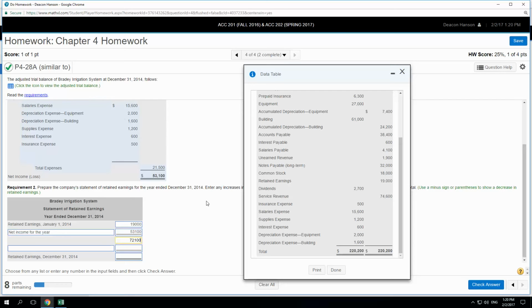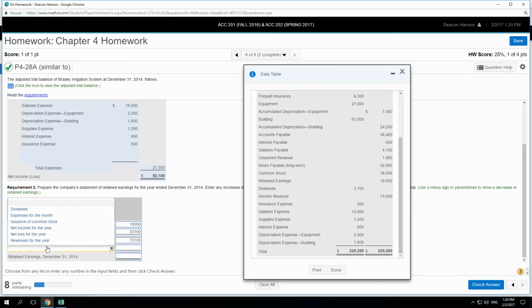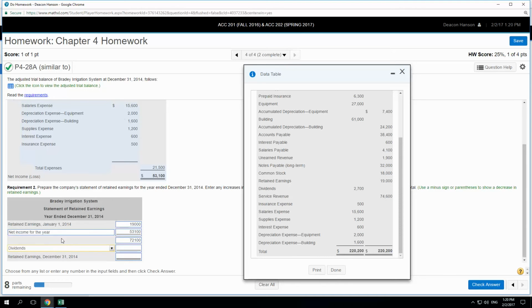And then what do I do next? Anybody? Subtract, right? We're going to subtract dividends, yeah. Remember to subtract dividends. Now I think we might need to show this as a negative because there's nothing saying less dividends, right? So I'm going to show my dividends as a negative. My dividends come from the trial balance here, 27,000.